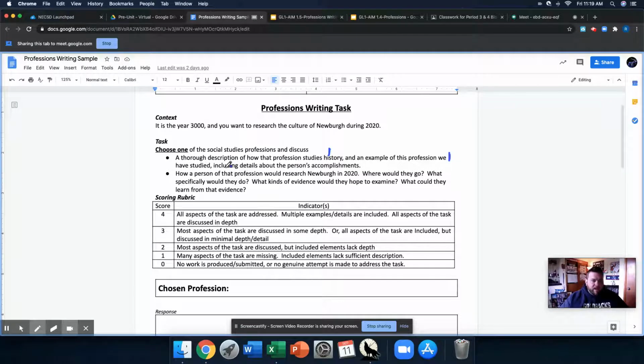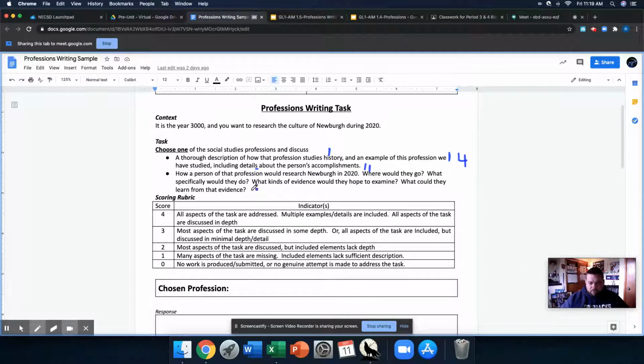And including details, plural, letter S, about the person's accomplishments. That's 2. So far, for this first bullet point, there are 4 different things that we have to do in order to get full credit.